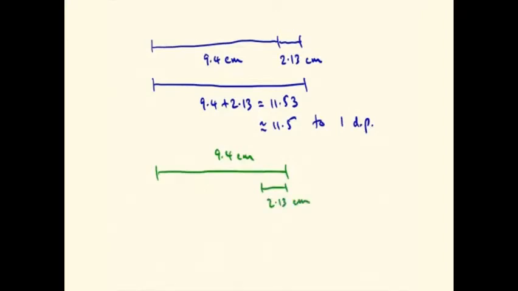Okay, so what's left is the difference, 9.4 minus 2.13, which is 7.27. Okay. Once again, this 7 in the second decimal place can't be relied upon because of the coarseness of the measurement of the 9.4, which is correct only to 1 decimal place. So again, you round your answer to the nearest number to 1 decimal place, which is 7.3.